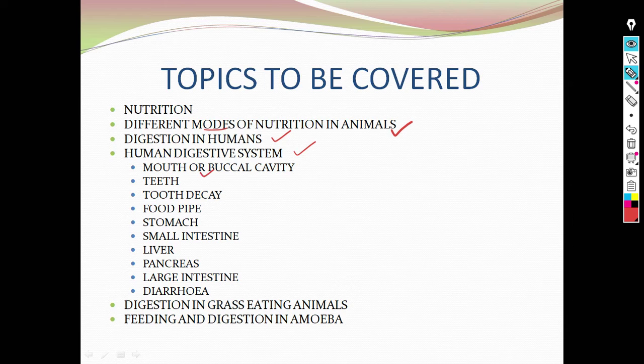It will start with the mouth, then teeth, then we'll take the topic of tooth decay, then food pipe, stomach, small intestine, liver, pancreas, large intestine, and then one disease, diarrhea, which is also related to digestion problems, then digestion in grass-eating animals, and finally feeding and digestion in animals. It is exactly going to be followed like your NCERT.